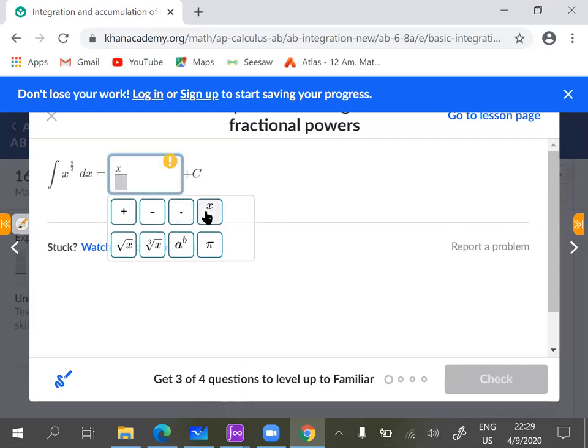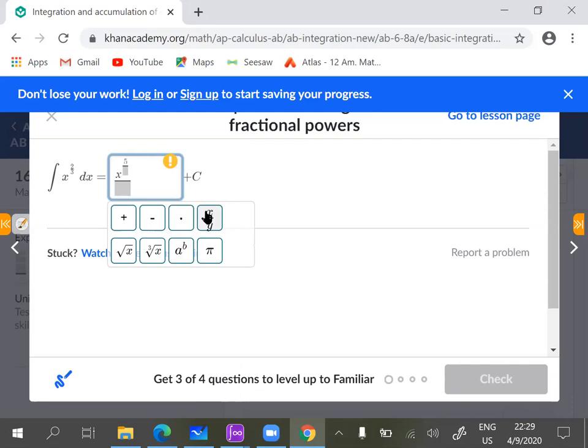Power fraction 5 over 3. Divide by 5 over 3. You can take the reciprocal. So what's the reciprocal of 5 over 3? 3 over 5. Here 5, and this makes it a coefficient 3.